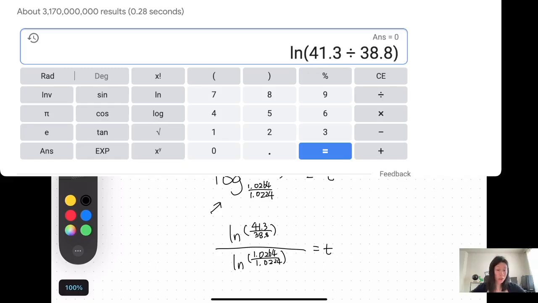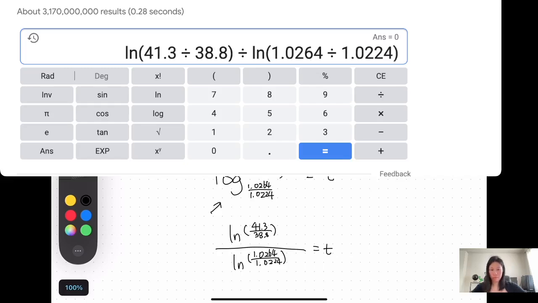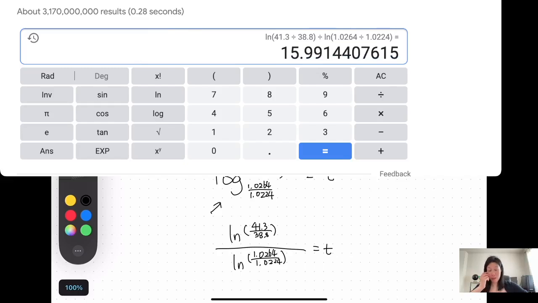That would be the top of our fraction, divided by the other one, ln of 1.0264 divided by 1.0224. So this equals 15.99.